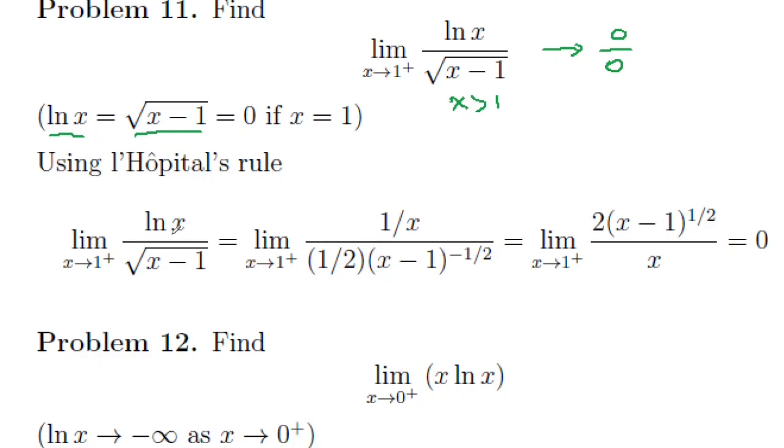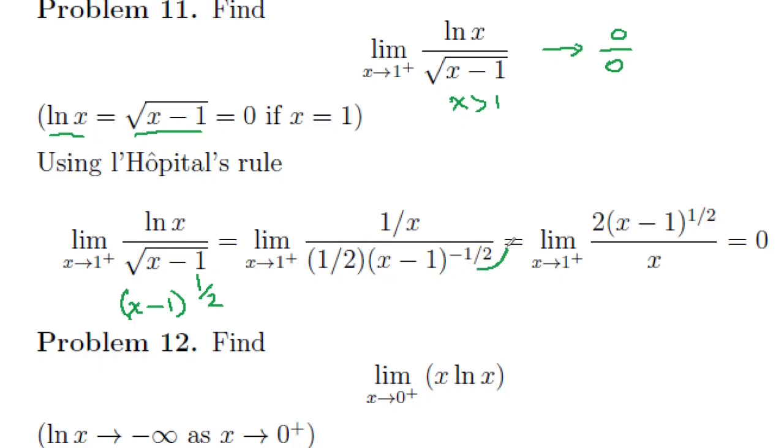Quotient form. The derivative of top, ln of x, is 1 over x. The derivative of the square root of x minus 1 is x minus 1 to the power 1/2, and its derivative therefore is 1/2 times x minus 1 to the minus 1/2. In order to take the limit as x goes to 1, it's more convenient if I write everything with a positive power.